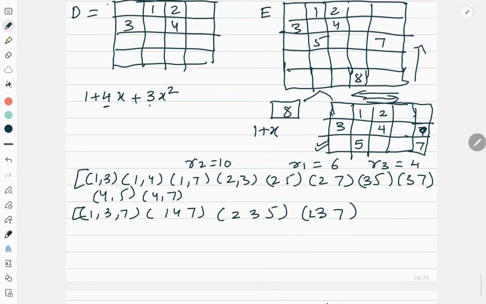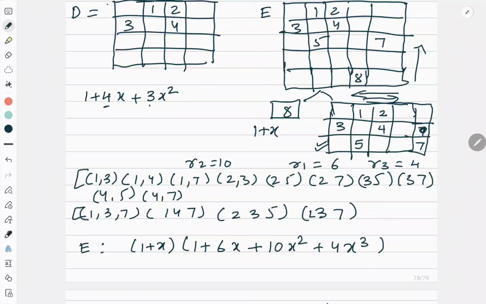So now what will be the Rook polynomial for E? Now for E the Rook polynomial will be, since I have applied the product rule, 1 plus x, then 1 plus 6x plus 10x square plus 4x cube. Correct?